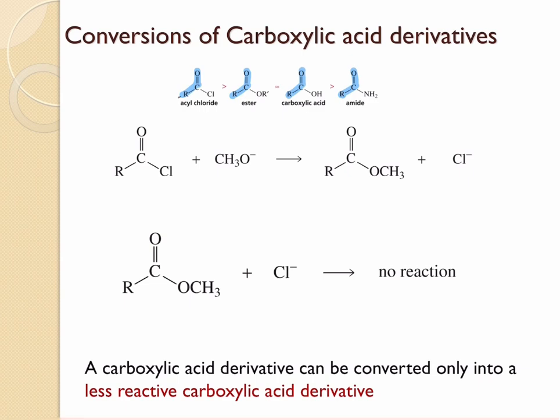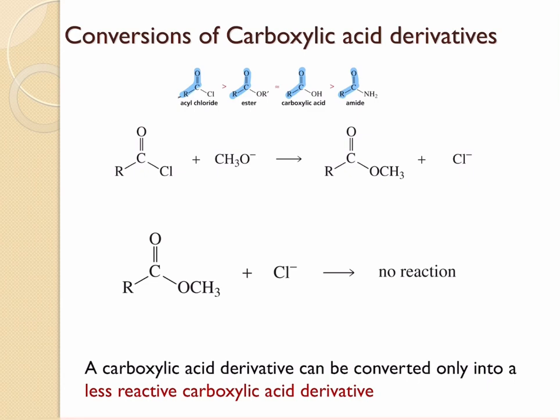We have to keep in mind that you can convert a more reactive carboxylic acid derivative into a less reactive one. So an acid chloride can be converted to any of these, but an amide cannot be converted into an acid chloride or ester or carboxylic acid under normal conditions.